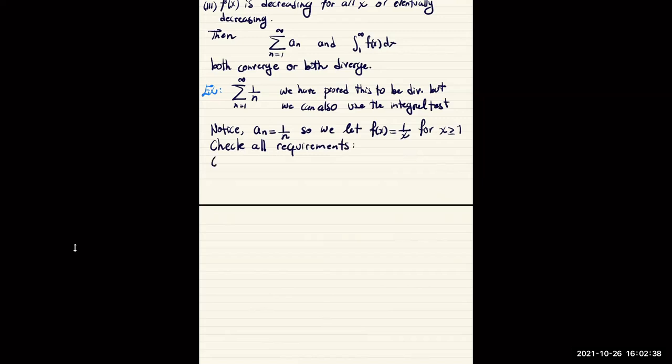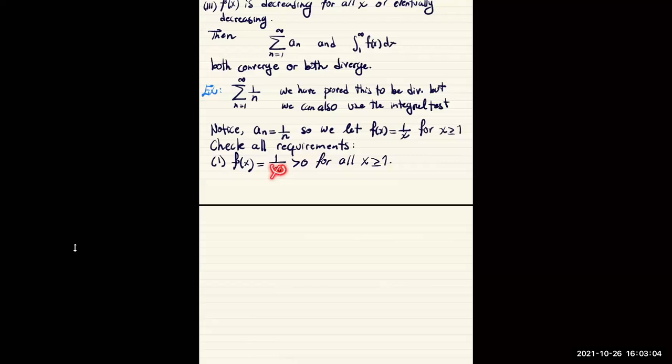All right, so number one says that the function has to be positive. And there is not much to say here. F of x, 1 over x, is always positive for all x greater or equal than 1. I mean, there is not much to say, right?